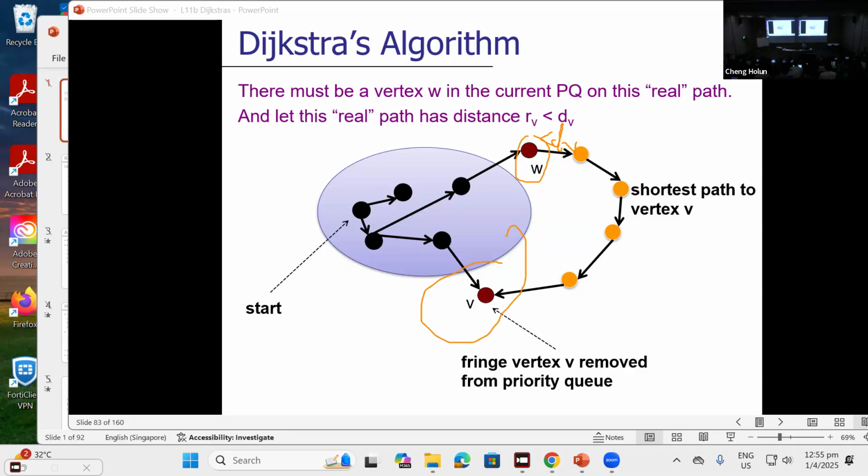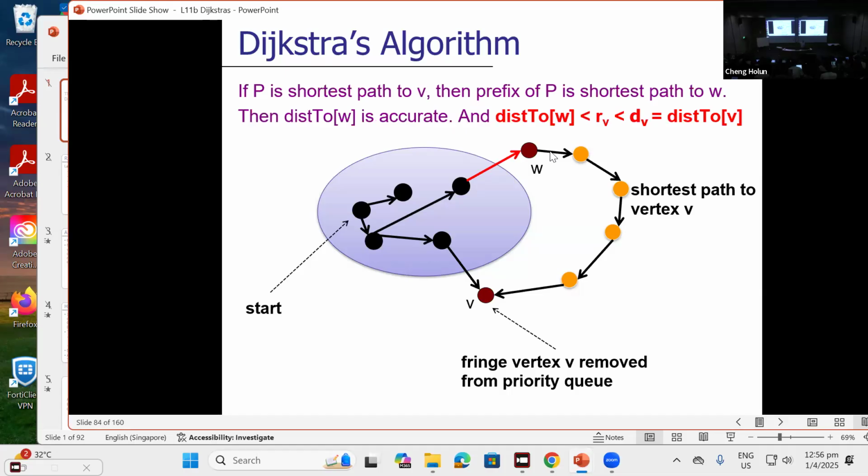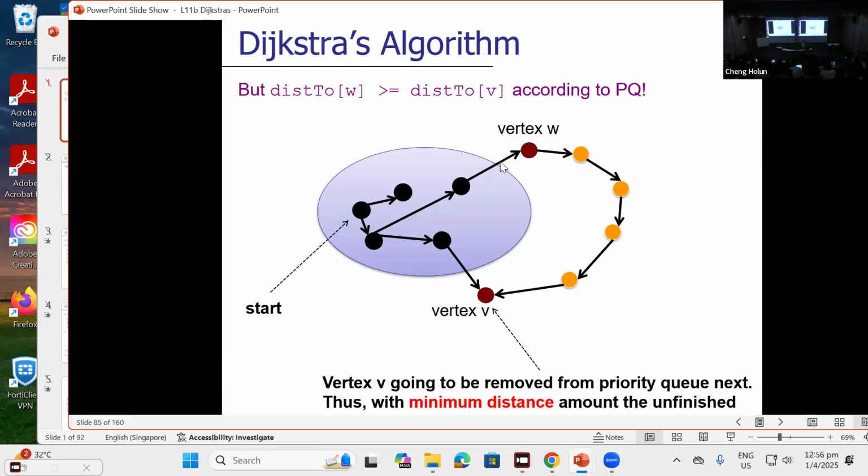Okay, let's go again. If the real path, I will try to bluff it, saying that the distance on the orange side is shorter than dv, then the distance to w must be smaller than dv. That is smaller than the distance to v, and that's a contradiction. Why?